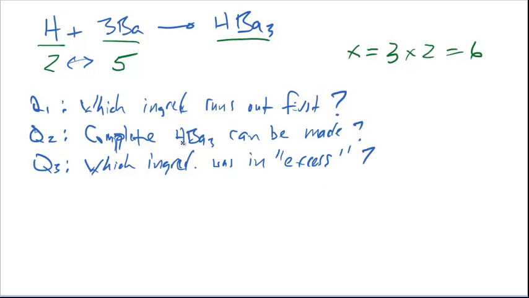Okay, so if you have two ingredients, once you've determined which ingredient runs out first and therefore is limiting, then by definition the other one is there in excess. Okay, so these are the three questions we've got to grapple with.